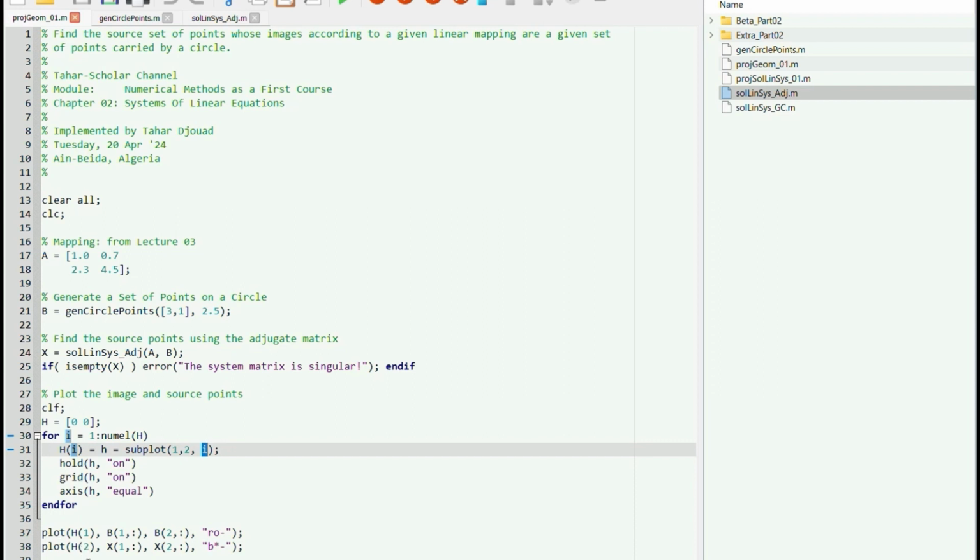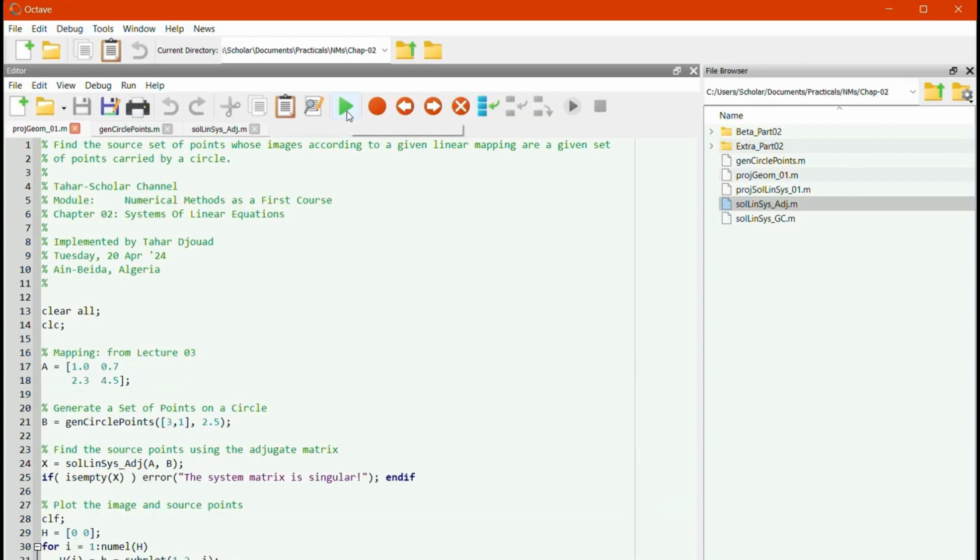And then we plot the x coordinates and the y coordinates of all points in B, and the same for all points in X. But here we plot using the first handle, the first axis, and here the second handle, the second axis. And we use different colors, red for the image and blue for the source. So, very simple. So let's test it.